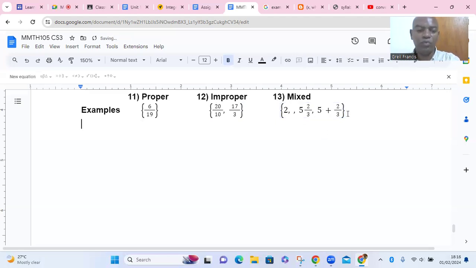Okay. So for proper, you can basically say numerator smaller than the denominator. Reduce the size of this a little bit for it to fit.